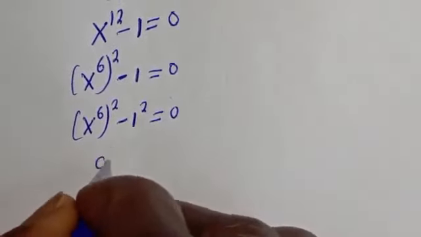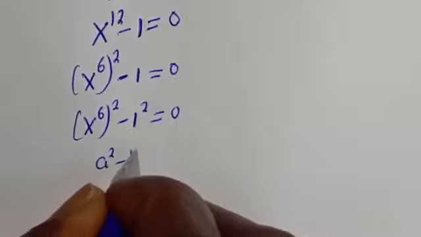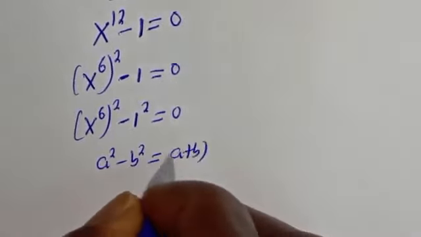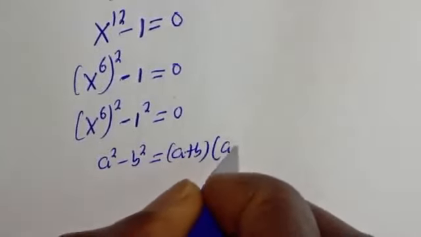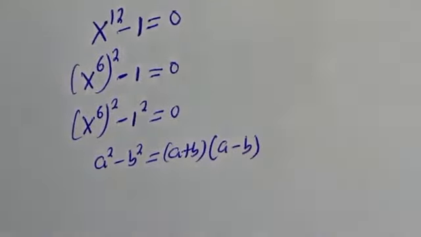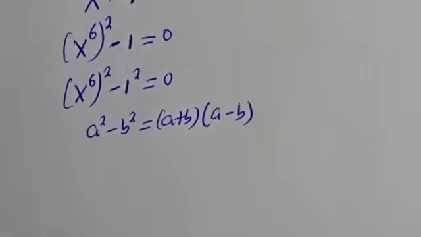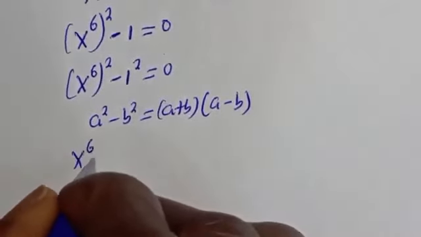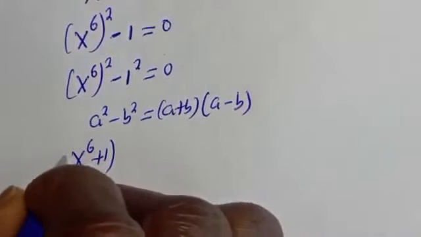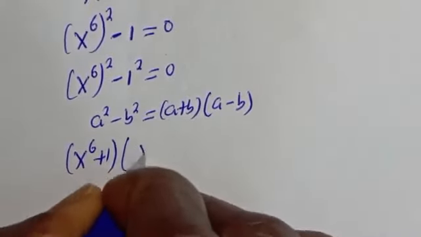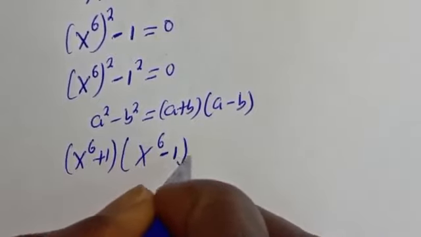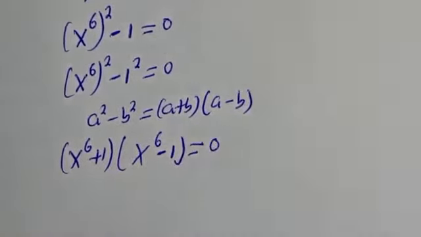If you have a squared minus b squared, this is equal to a plus b bracket a minus b. Let's substitute: s raised to power 6 plus 1 bracket s raised to power 6 minus 1 is equal to 0.